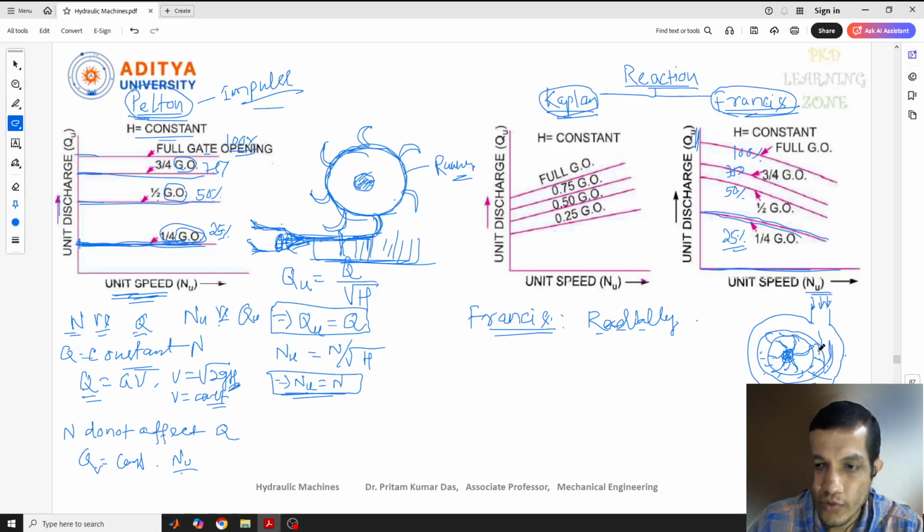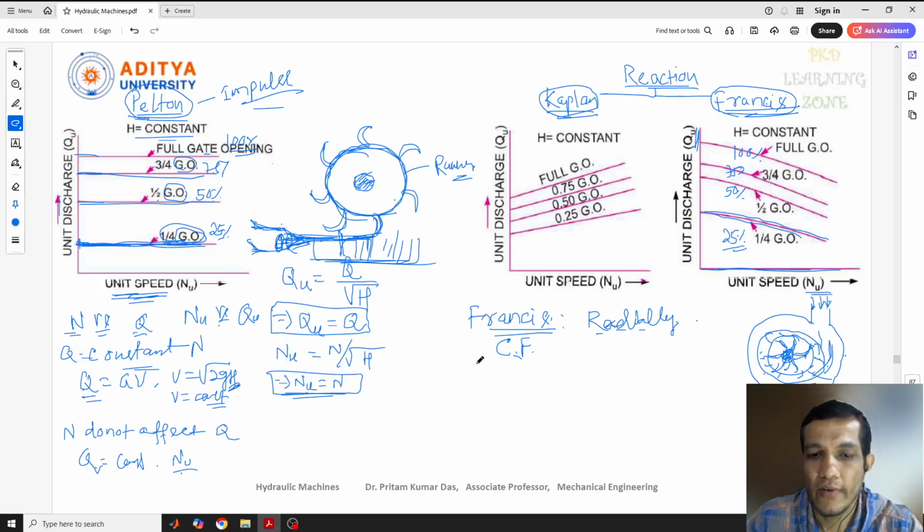Anyway, so this is the Francis turbine. In this, the centrifugal force is developed. When the water strikes this and it starts rotating, the centrifugal force acts on this.